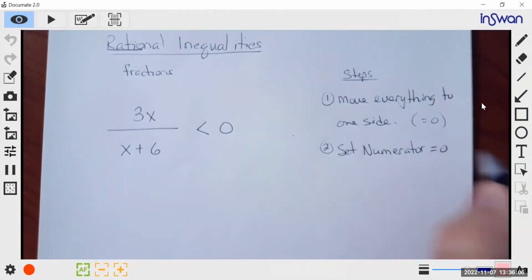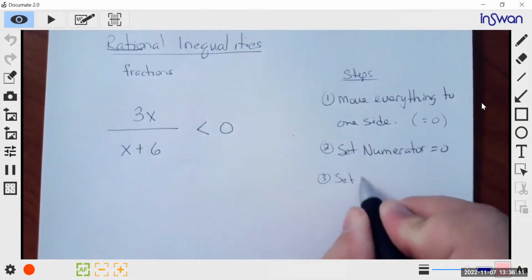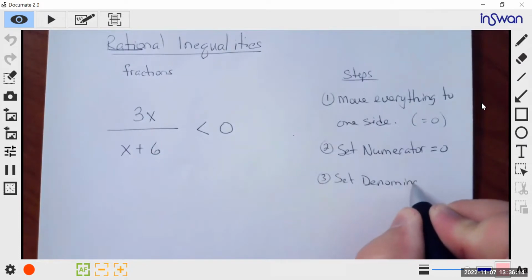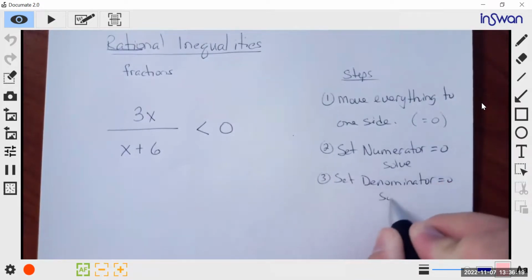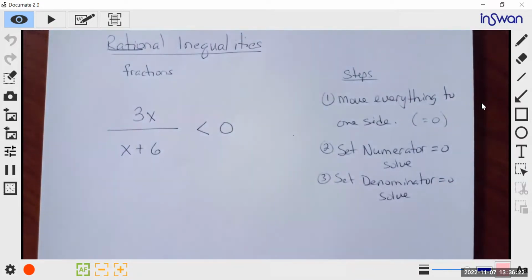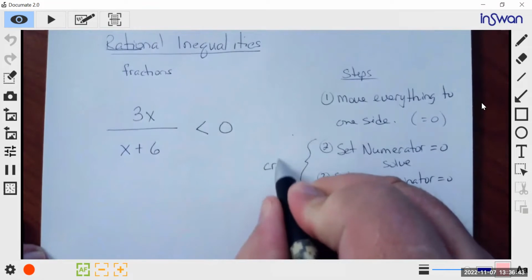Set the numerator equal to 0. Set the denominator equal to 0 and solve. These two numbers here are your critical values.